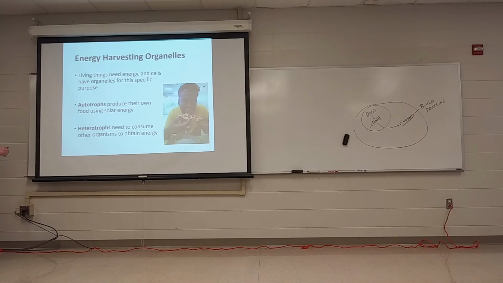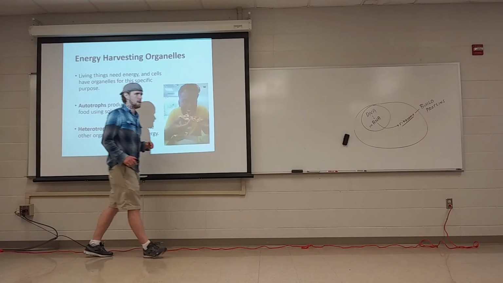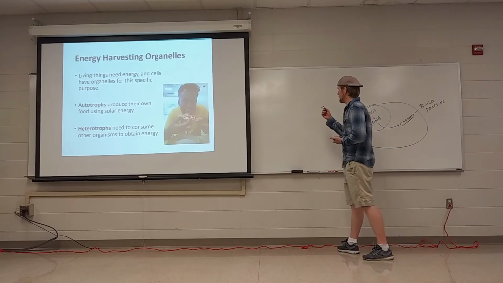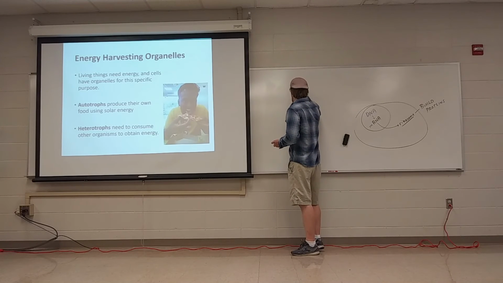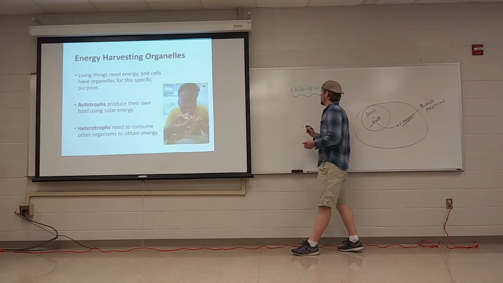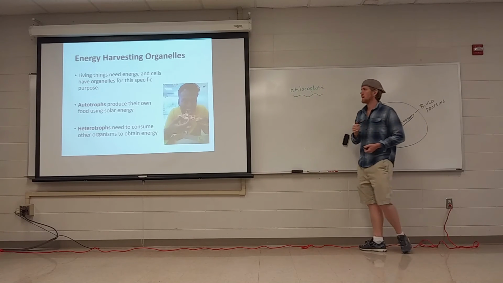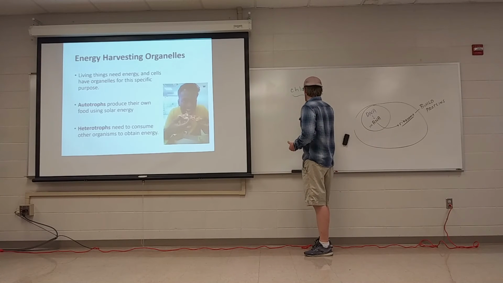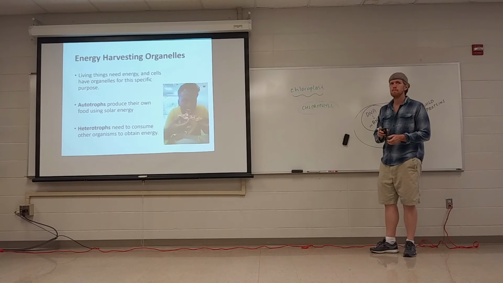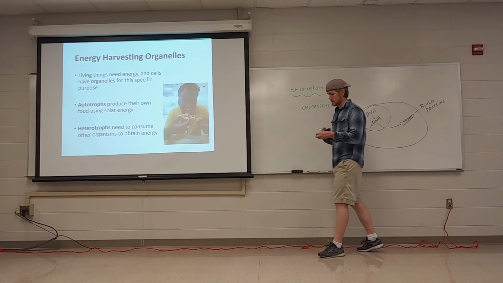So let's start with the autotrophs. What is the organelle that they have that you and I don't, that lets them conduct photosynthesis? The organelle is chloroplast, but the specific molecule that helps to capture sunlight is chlorophyll. It's a green pigment, but it captures sunlight.